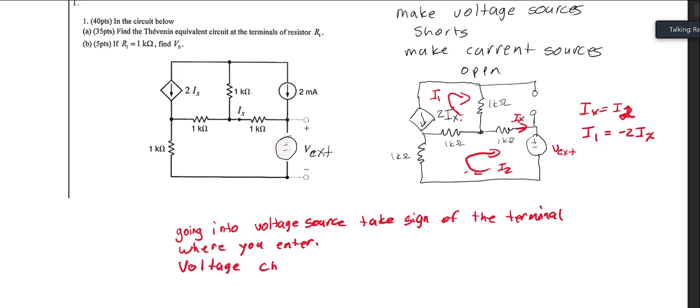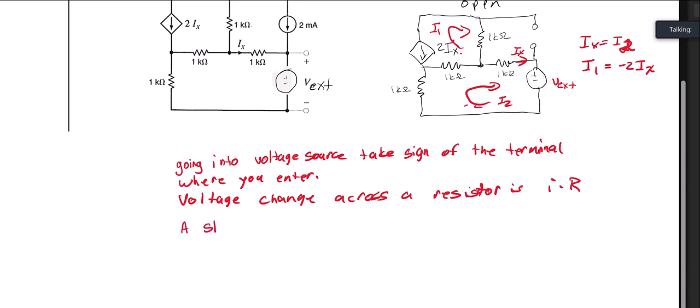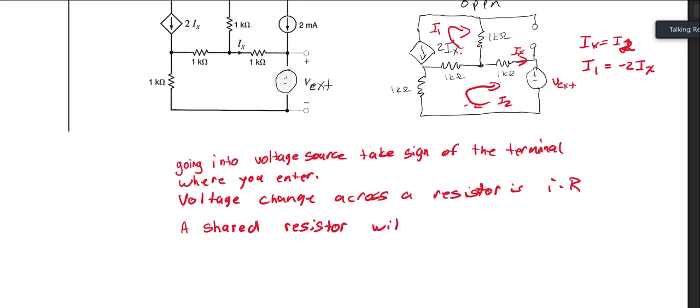The voltage change across a resistor is I times R. A shared resistor will be, for example, if I'm doing my I1 loop, it would be I1 minus, for instance, I2 times R. So if you have a shared resistor, you have to include both currents.